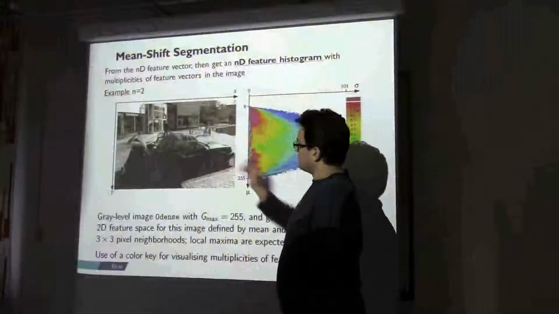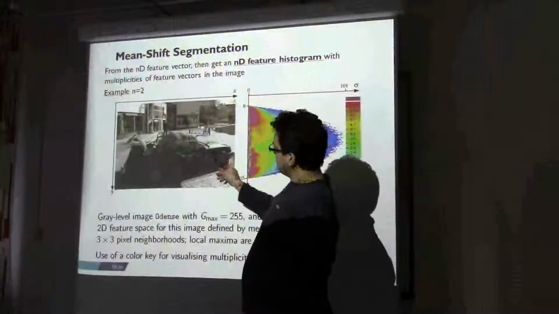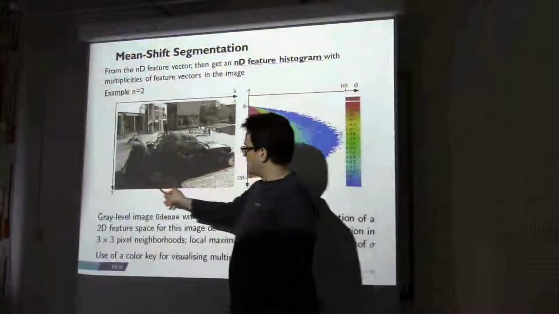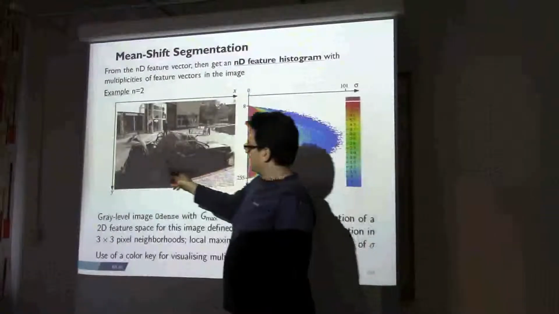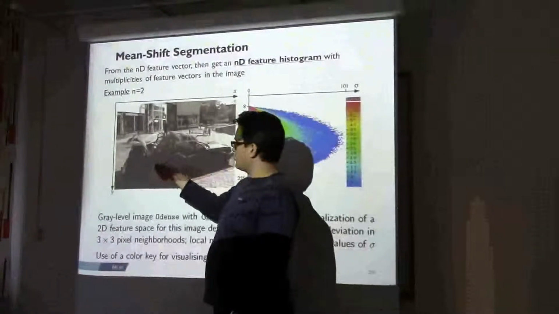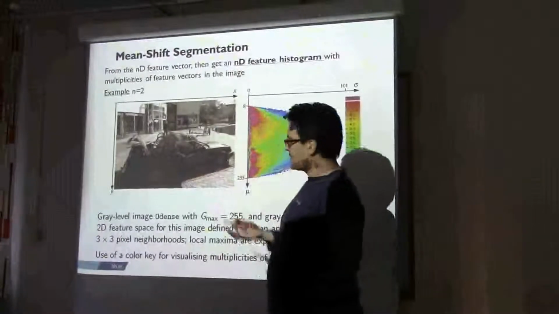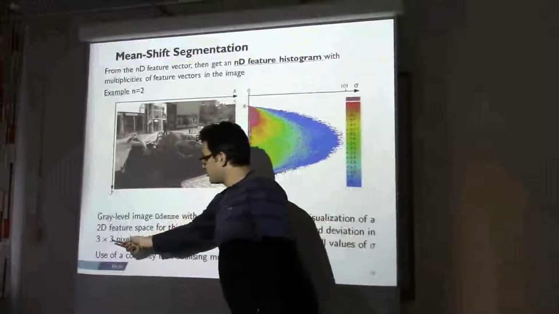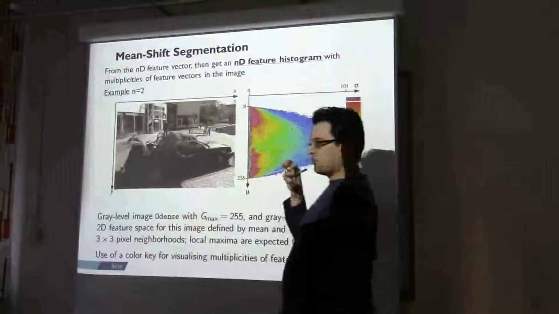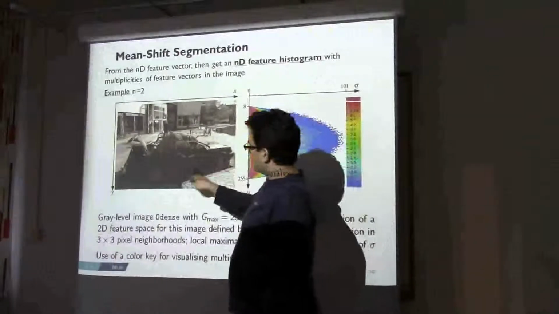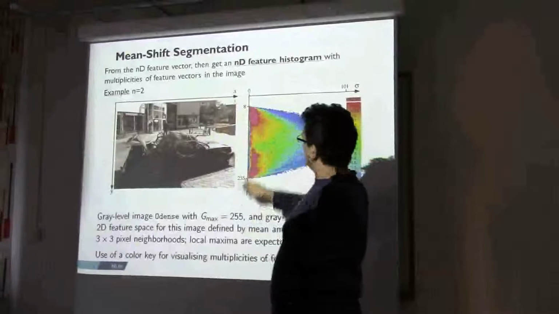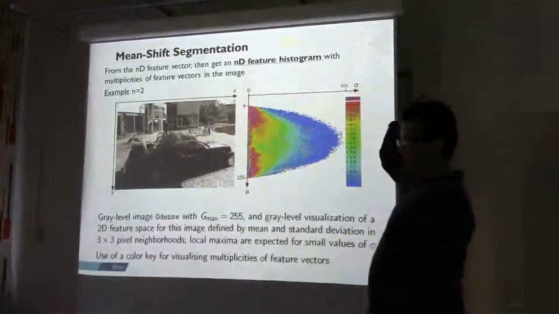So in this image, for example, all these pixels here have a small gray value. So if you compute the mean in a neighborhood, you get small values. And if your neighborhood in this case is sufficiently small, the standard deviation will be small also. So these pixels here, in the joint histogram, where will they be?